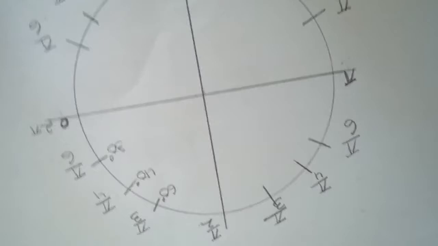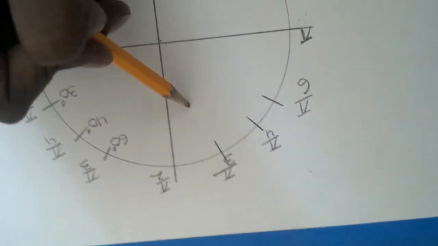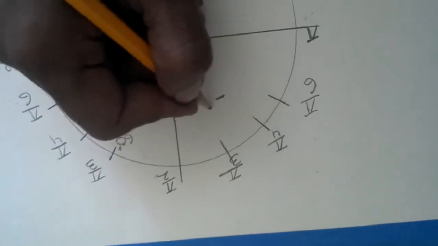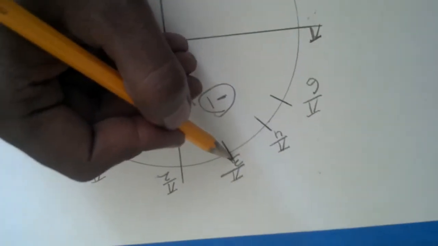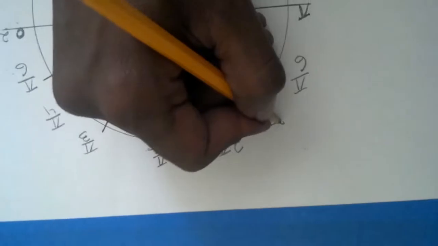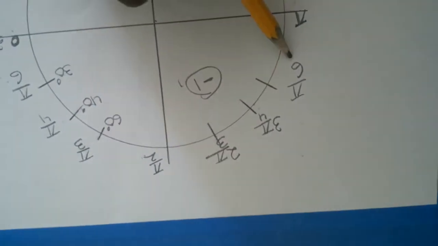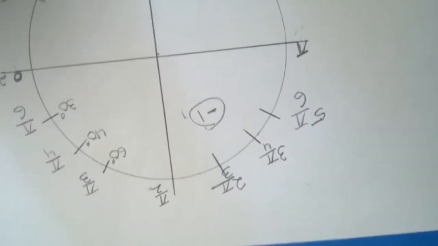Alright, now on our second quadrant, what we do is subtract 1 from the denominator. So since we have 3, 3 minus 1 is 2. 4 minus 1 is 3. 6 minus 1, 5.